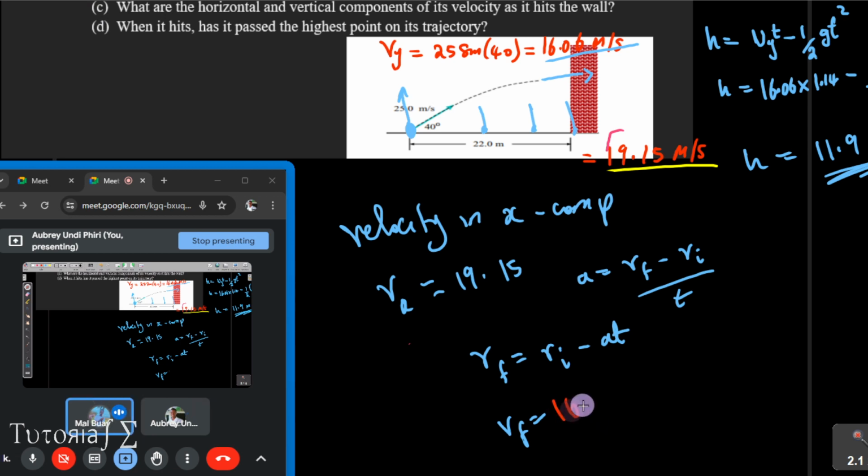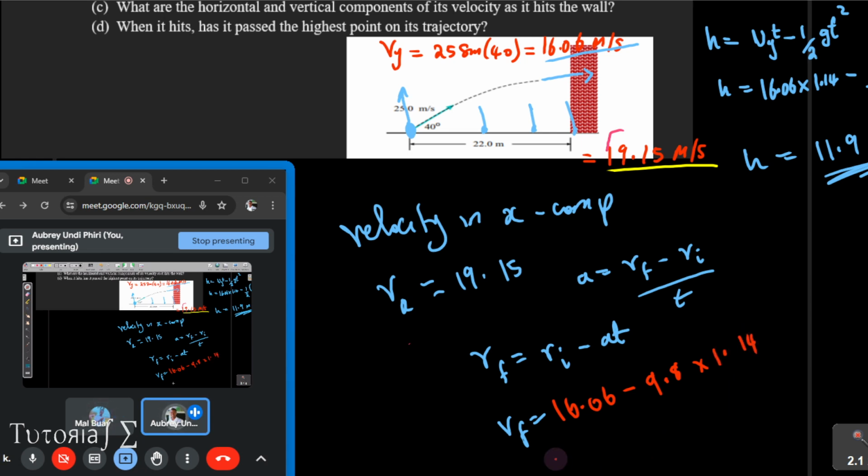16.06 minus the acceleration, which will be the acceleration due to gravity. So what will the acceleration be? It is 9.8, then times the time, which is 1.14.